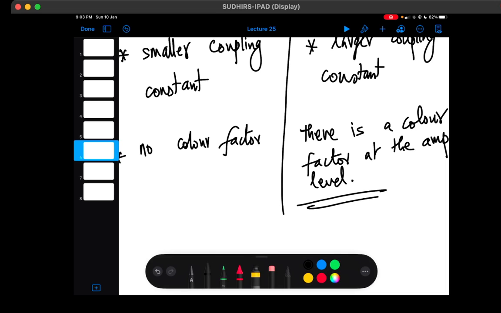Self interactions are absent in QED, while self interactions of gluons are present.